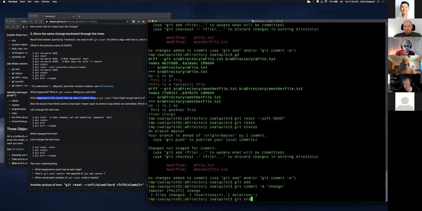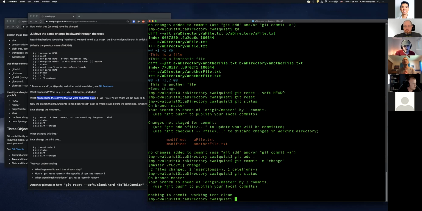Okay, so Git status is empty. Everything's in sync. What if I did a Git reset right now? What would happen?